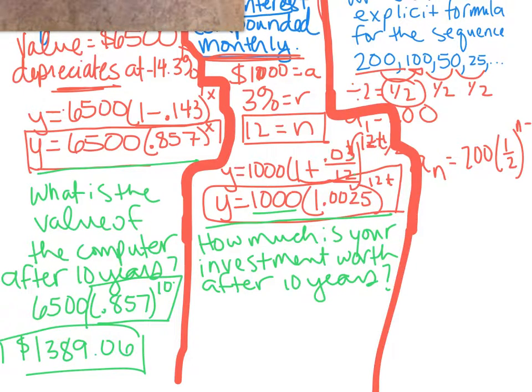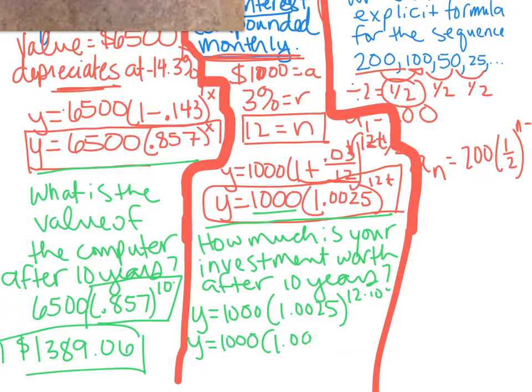So 1,000 times 1.0025 raised to the 12 times 10.